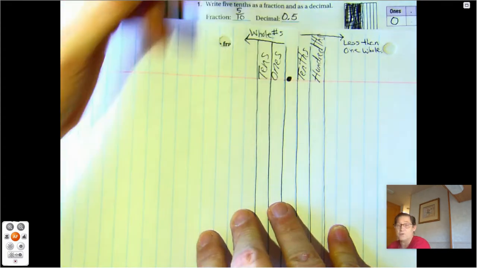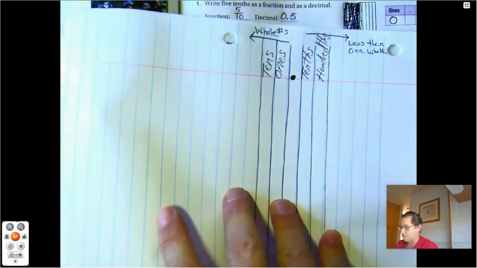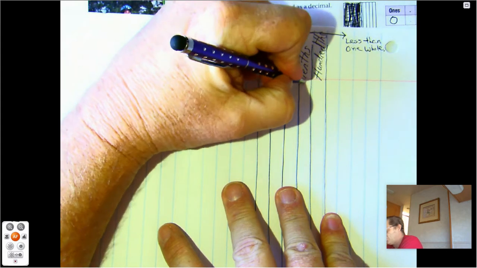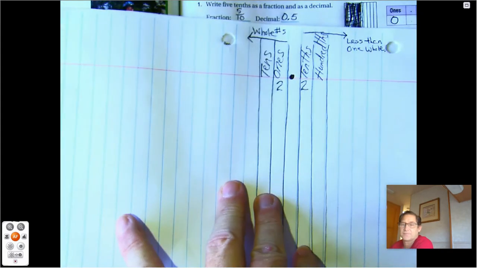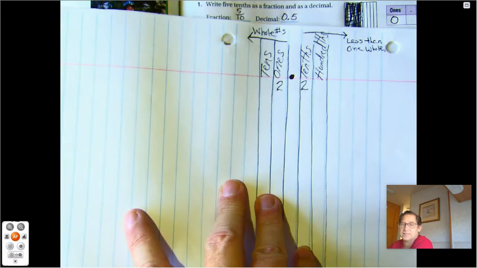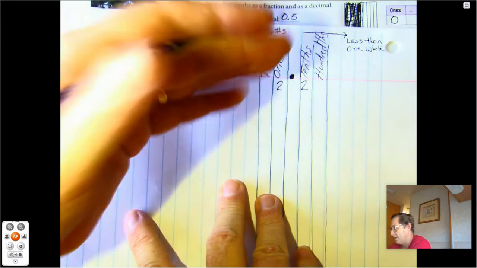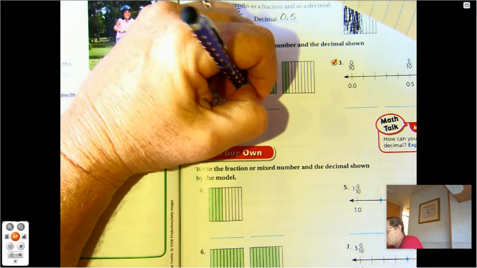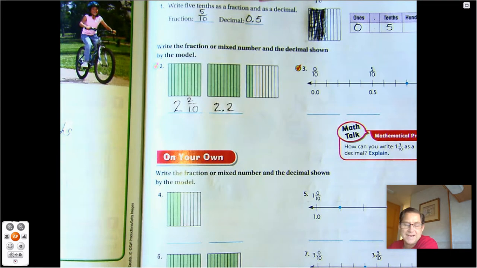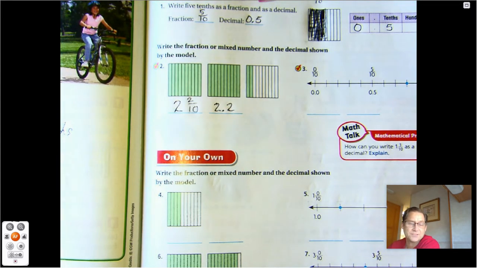To the left of the decimal point, those represent whole numbers. So in this problem, we have 2 and 2/10. The fraction value tells you what place value the decimal is in. So it's 2 and 2/10, 2.2, written as 2.2 and read as 2 and 2/10.